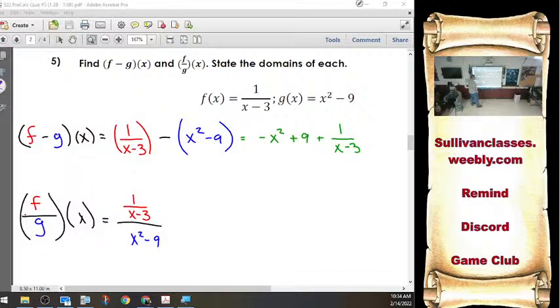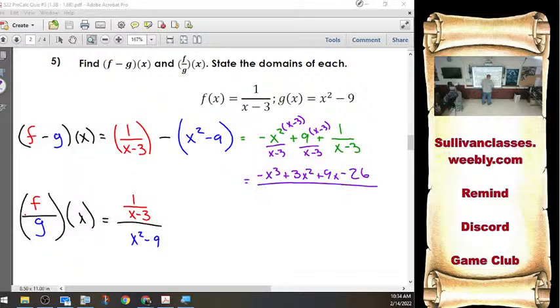If you're feeling frisky, you could take this times x minus 3 over x minus 3 to get negative x cubed plus 3x squared plus 9x minus 27 minus 26 all over x minus 3. Y'all remember common denominators with rational expressions? Okay. So if you're feeling real frisky, you can go to Greentown over there. Not necessary. I won't make you do that.